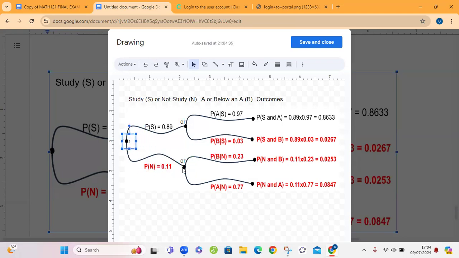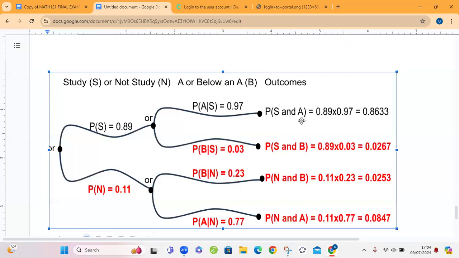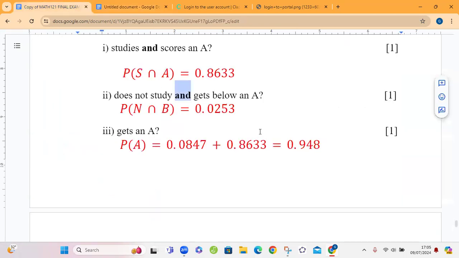He can also not study and get an E. There are two ways of him getting an E. Studying and getting an E, there it is, or not studying and getting an E. There it is. So that's 0.8633 plus 0.0847. And that was 0.948.